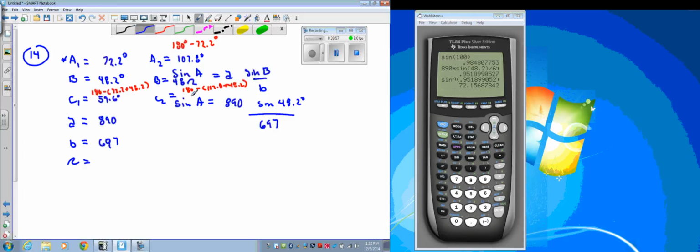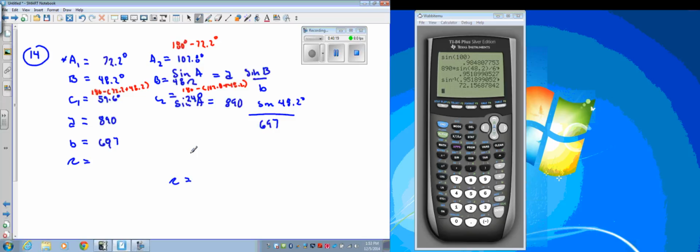See, it's possible. Now you have two triangles. Now what you have to do is figure out this side C. You want to use the given values to figure out what side C is.